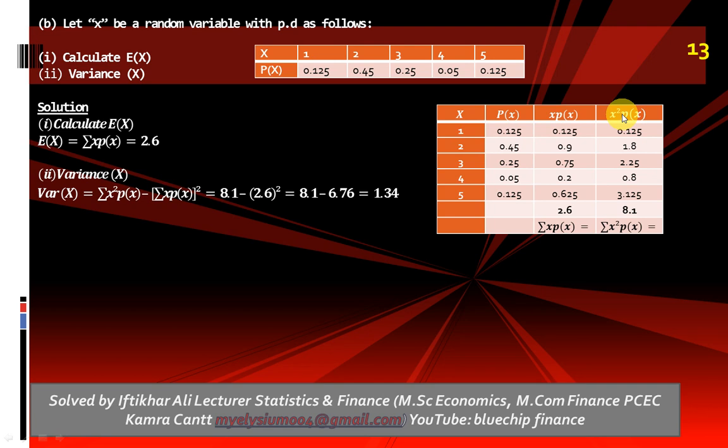So what is x square p of x? Simply it is x p of x multiplied by x. So 0.125 multiplied by 1 equals 0.125, 0.9 multiplied by 2 is 1.8, 0.75 multiplied by 3 is 2.25, and so on. So the sum of x square p of x is 8.1 minus mean square, or the sum of x p of x whole square. So after putting the values into the formula, variance should be 1.34.